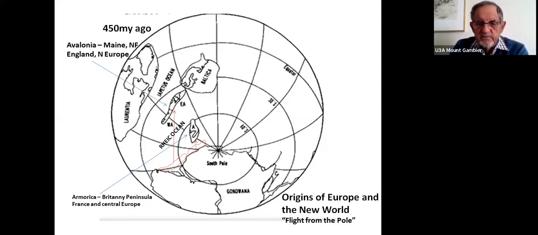You'll often hear the term flight from the poles. With respect to the supercontinents, there was often a situation where they aggregated around the poles of the Earth for some reason. And I might be exaggerating in saying that, but as the continents broke away from the supercontinent, they tended to move away from the polar regions.